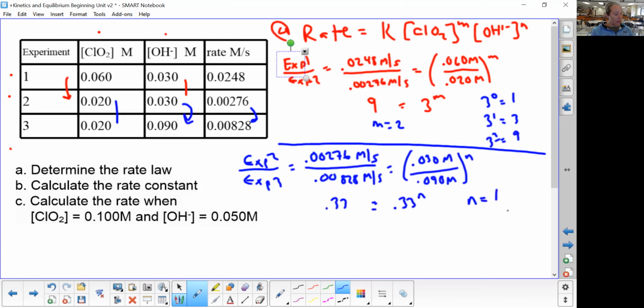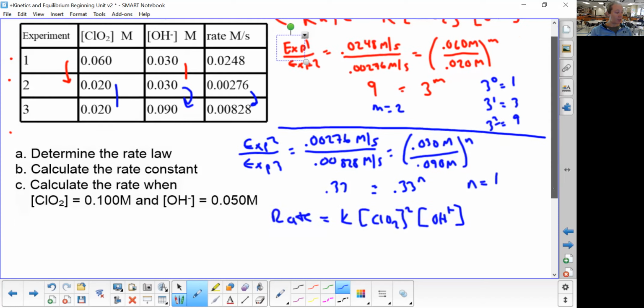So for A, the rate law for this reaction is rate equals k times the concentration of the chlorine dioxide squared and the concentration of the hydroxide to the first. That's part A, the rate law. For B, we want to determine the rate constant. Now that we have the order of each reactant, we can determine the rate constant.